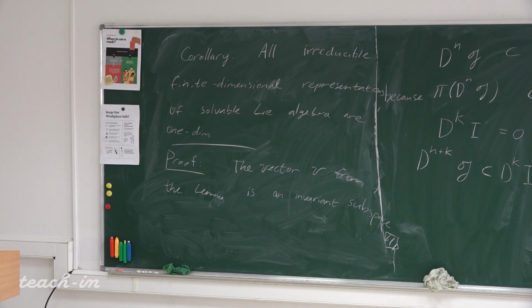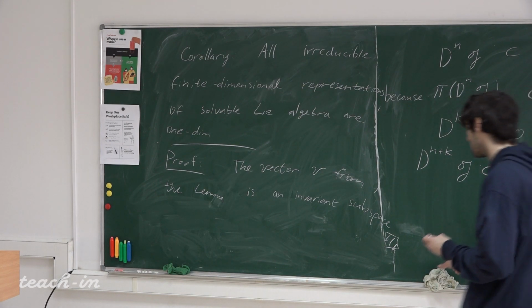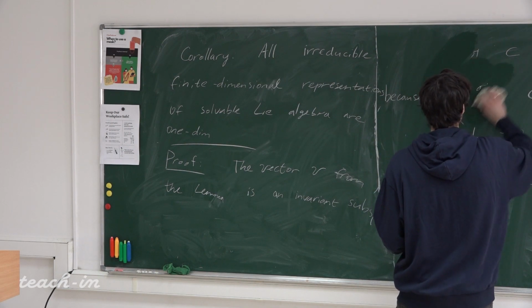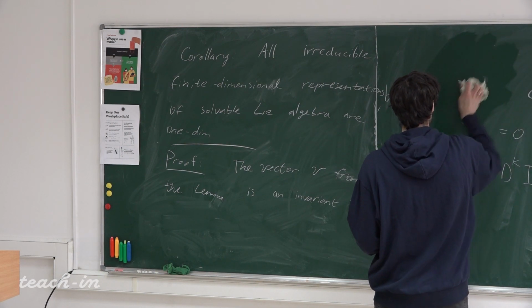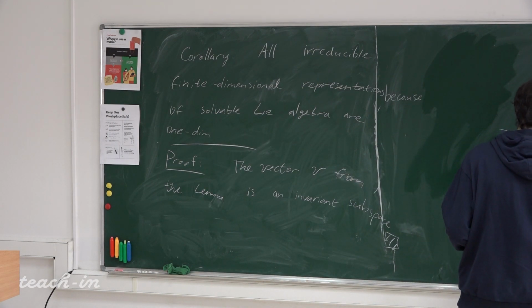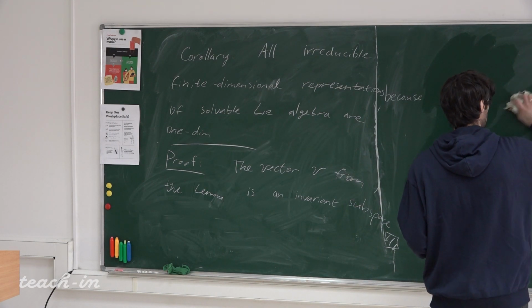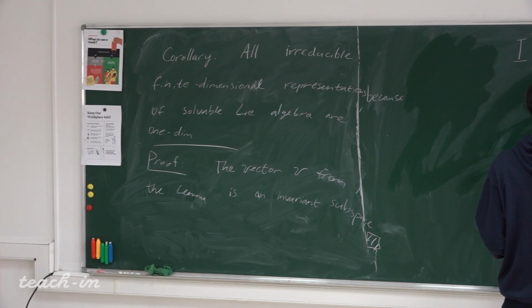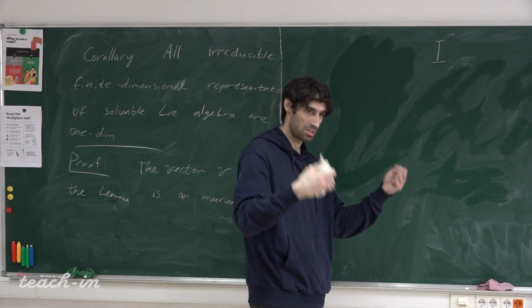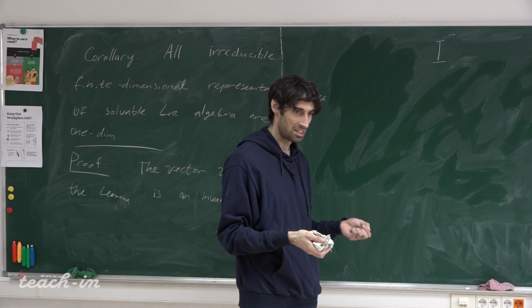So D1 of this algebra is 0, so it stabilizes immediately at 0, right? But for an abelian Lie algebra, the center of this algebra coincides with the algebra itself, right?